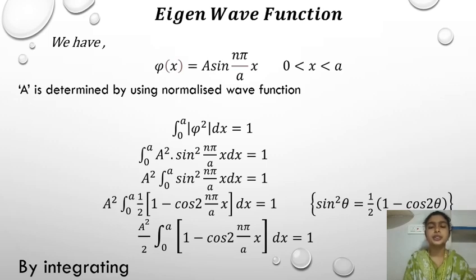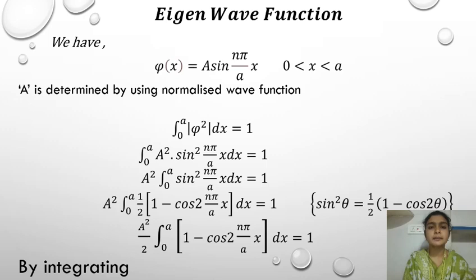Integration from 0 to a of A square into sin square n pi by a x dx equals 1. A square integration 0 to a of 1 by 2 of (1 minus cos 2 n pi by a x) dx equals 1, where sin square theta equals 1 by 2 of (1 minus cos 2 theta).